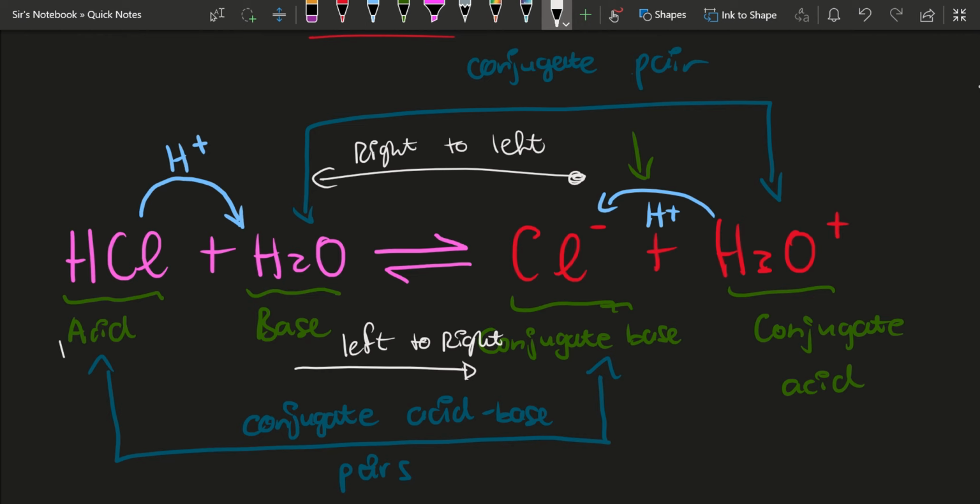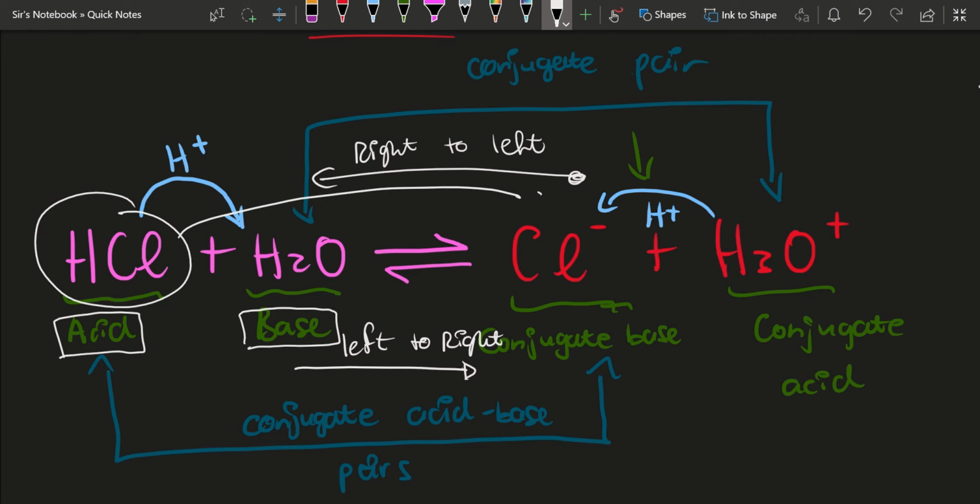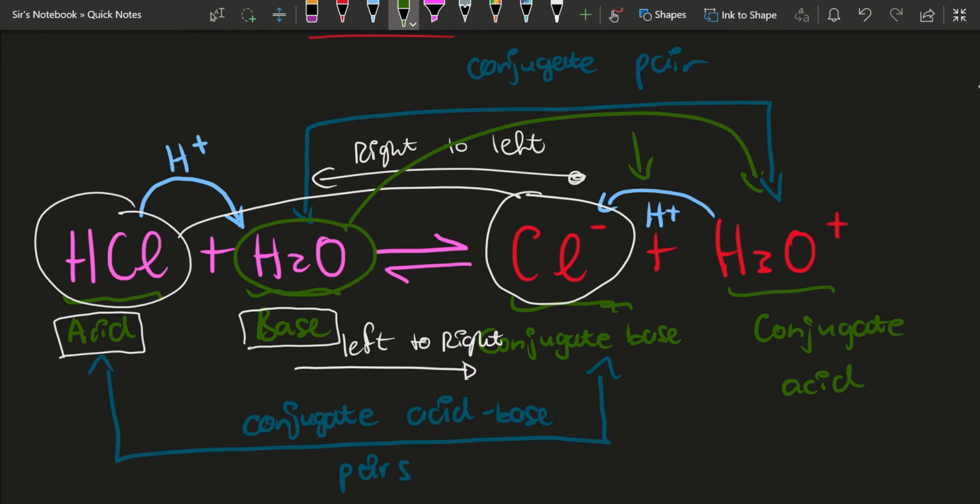In this case, HCl is our acid. Water accepts that proton, and then it becomes our base. So we have the acid HCl with Cl minus. These are conjugate pairs. Similarly, I have water along with H3O plus being a conjugate pair.